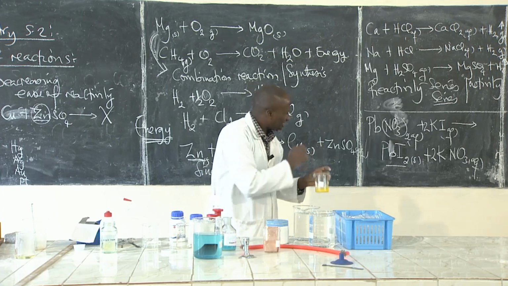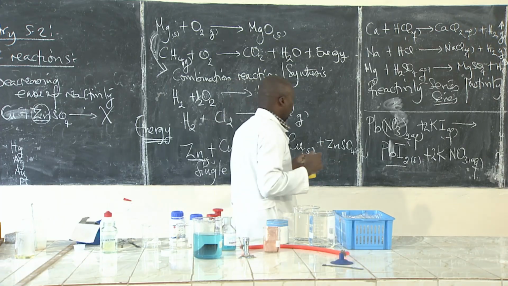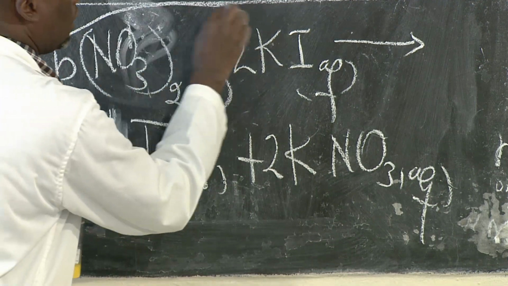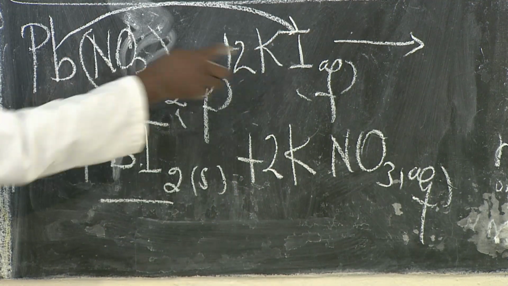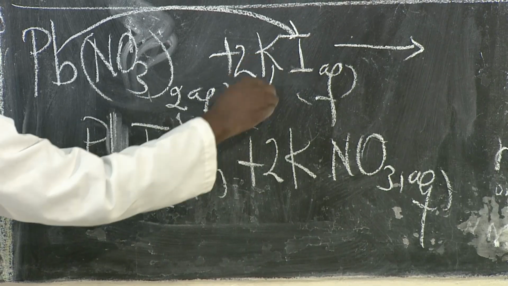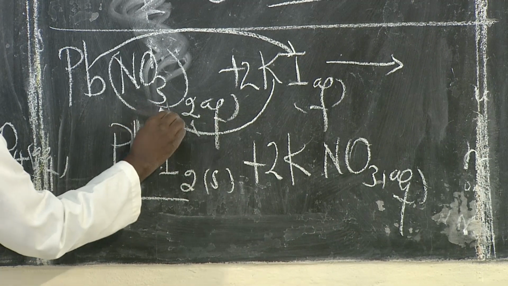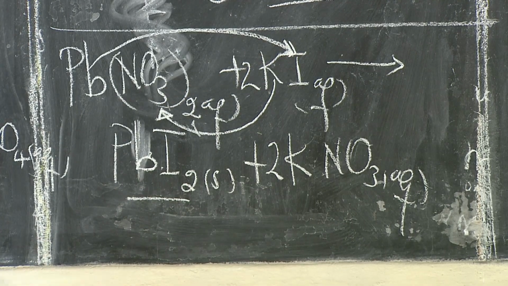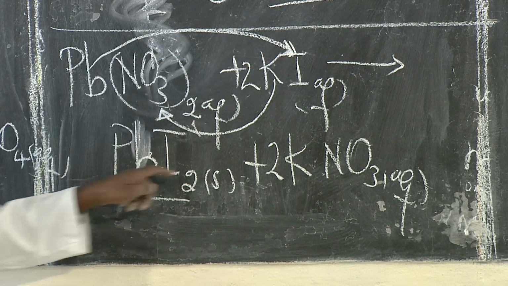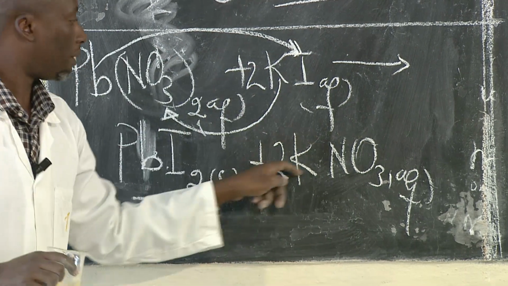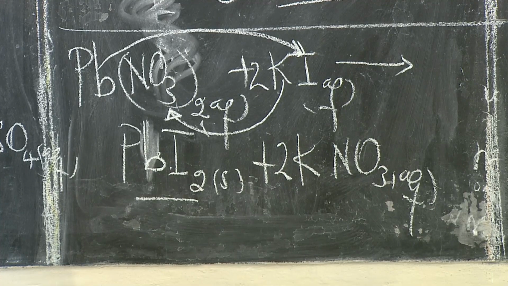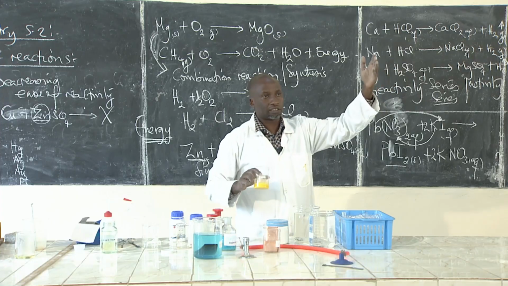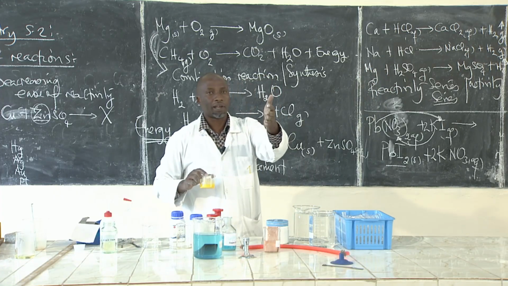So when you look at this reaction, can you take a look at this reaction? See what is happening. You see this lead combining with the iodide ions. And then you see the potassium combining with the nitrate ions. And then it forms lead iodide and then potassium nitrate. For those that probably have covered this, you still remember this type of reaction?